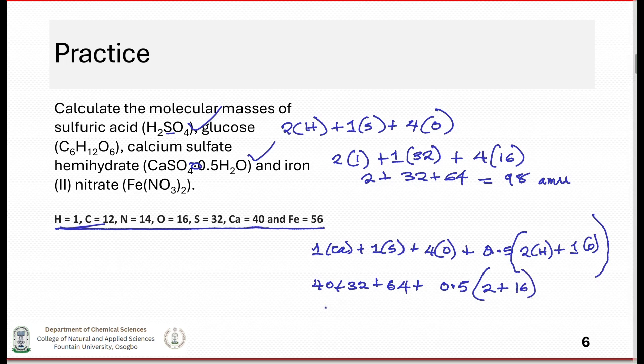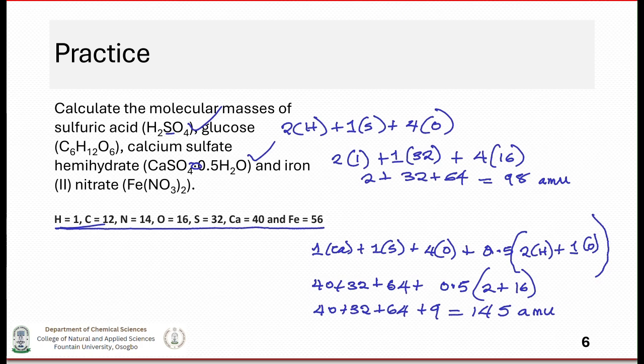And then we keep on going. 40 plus 32 plus 64 plus 2 plus 16, that is 18. 18 times 0.5 is 9. Then we can do the final calculation that way. That will be 145 atomic mass units. So that is how to calculate relative formula mass or relative molecular mass of a compound.